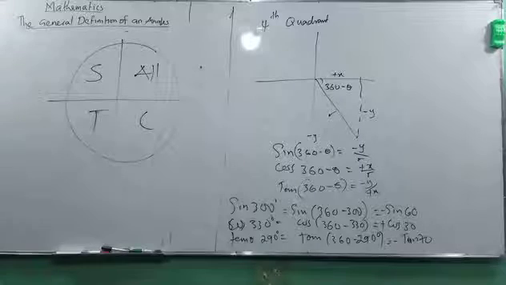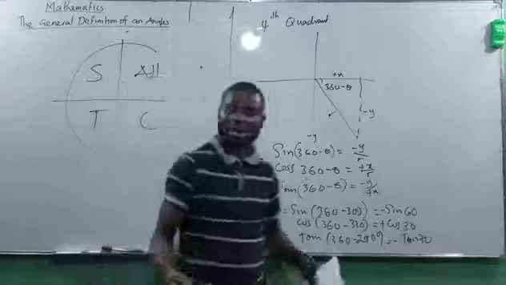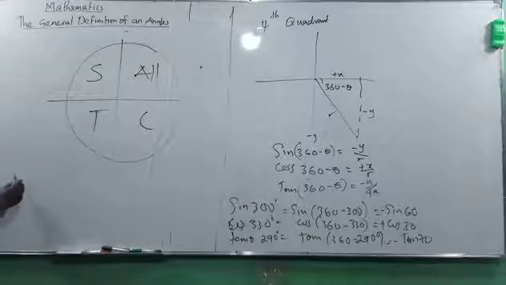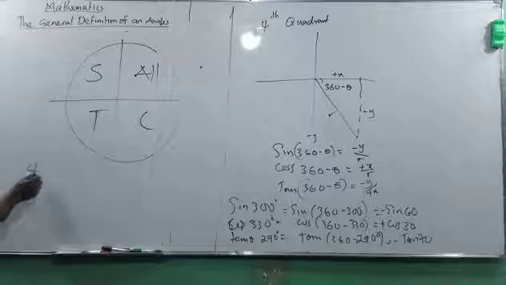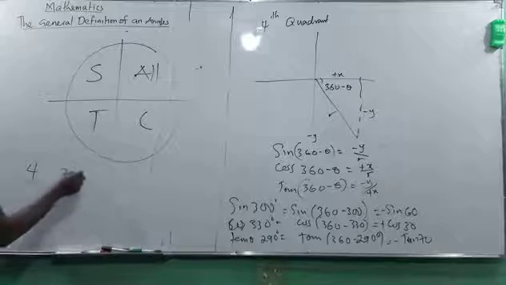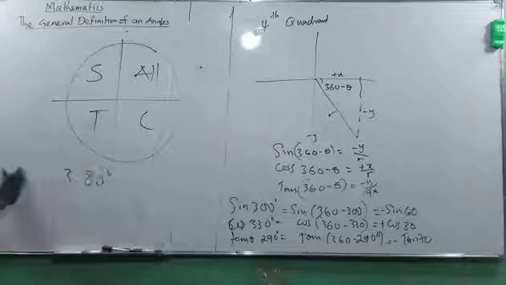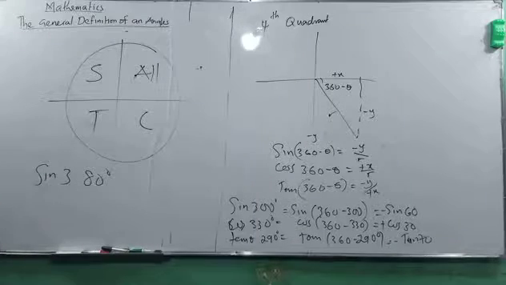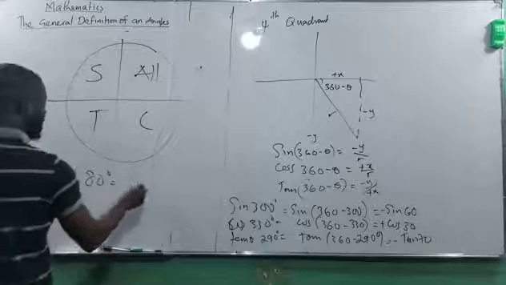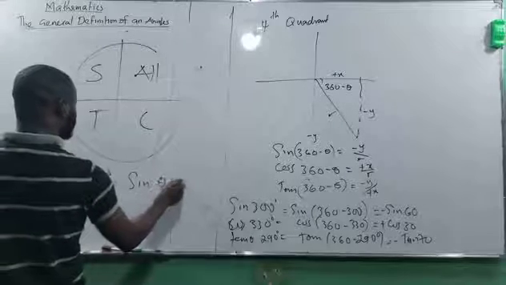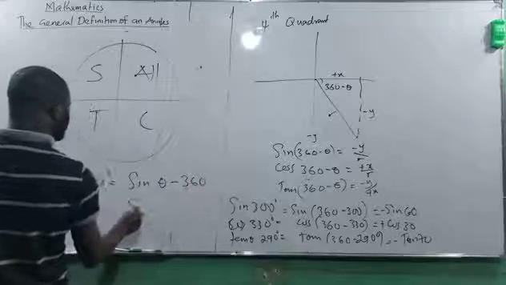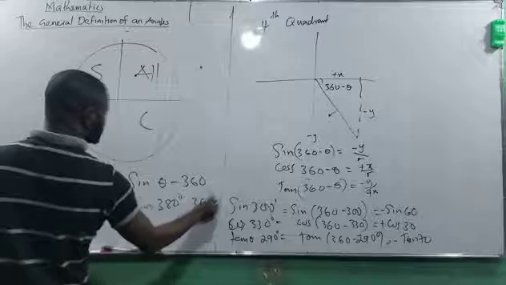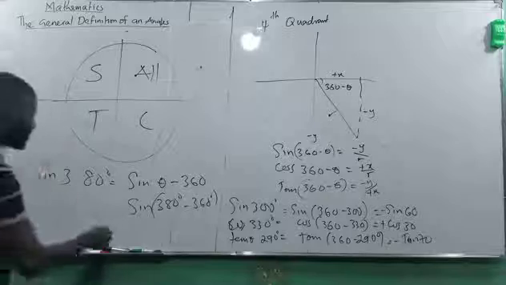Now, an angle can be given to you that is more than 360. For instance, somebody is asking you for an angle like 380 degrees. What you just need to do is sine 380 degrees minus 360 degrees, which is sine 20.